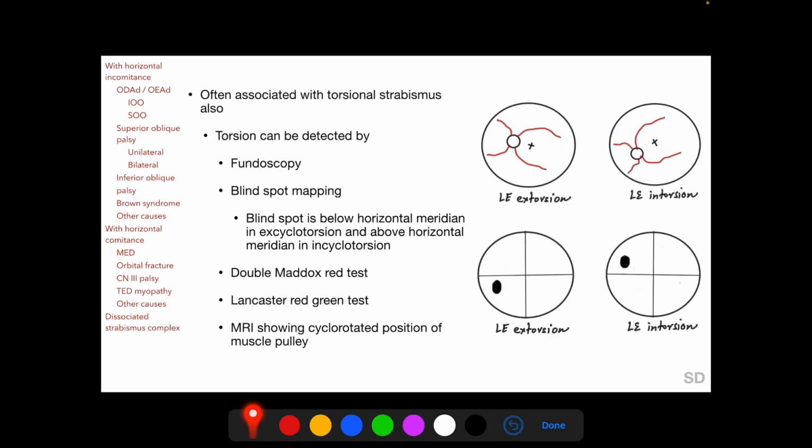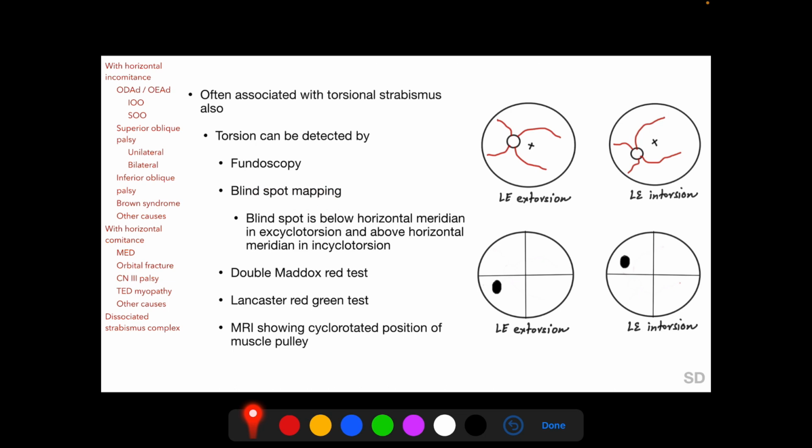And as we have said, vertical strabismus can be associated with torsion of the eyes, and torsion can be detected by fundoscopy, in which we'll find the fundus of the eye tilted, as shown in this diagram, with this figure showing extorsion of the left eye and this figure showing intorsion of the left eye. Blind spot mapping can also help us to detect torsion.